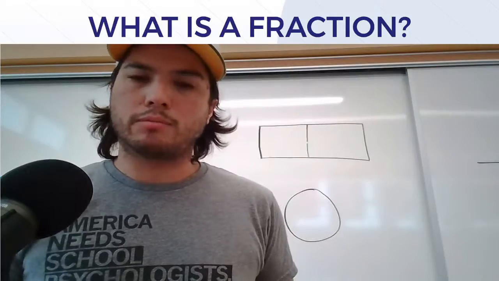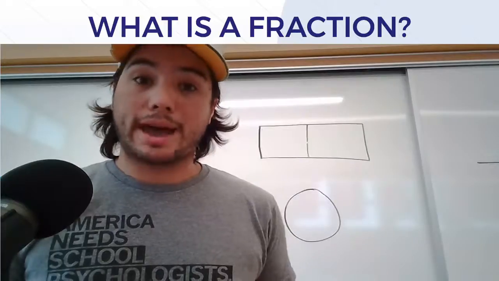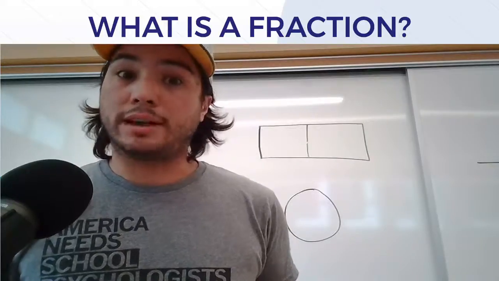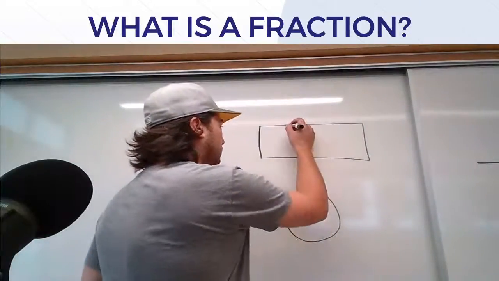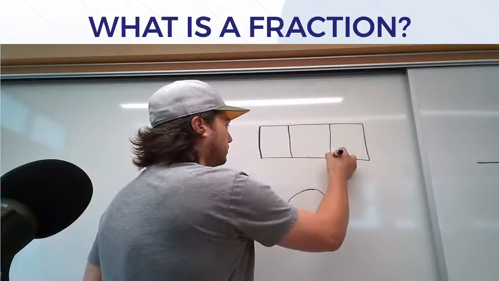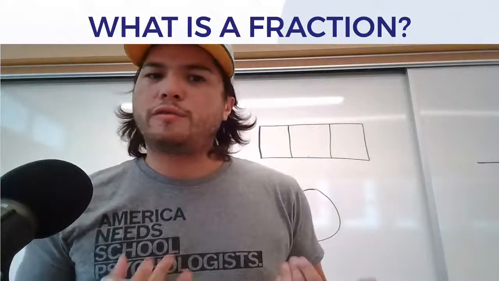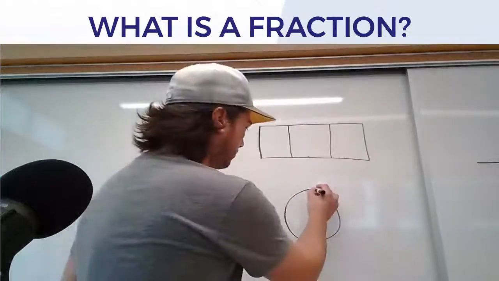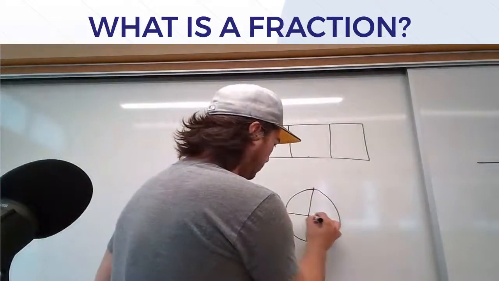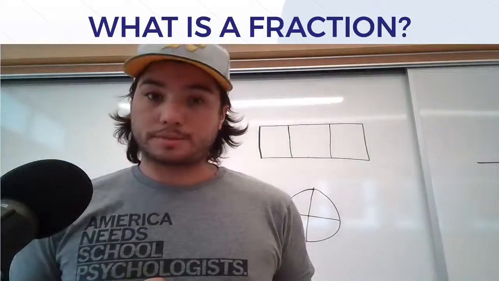That's our name for dividing something into 2 equal pieces, cutting it in half. If we wanted to divide it into 3 equal pieces, we'd be in thirds. If we wanted to divide something into 4 equal pieces, we'd have fourths or quarters.